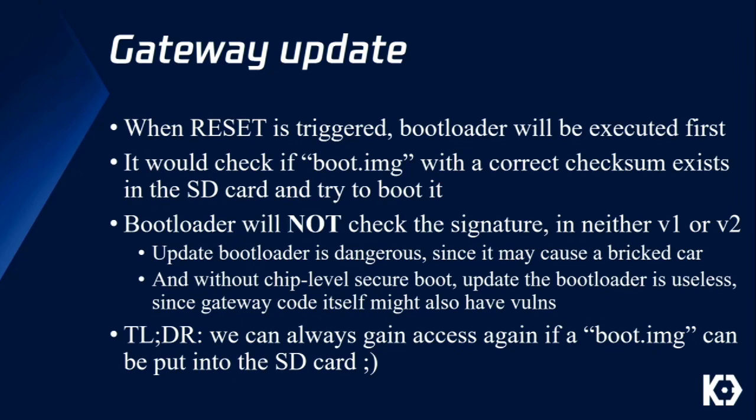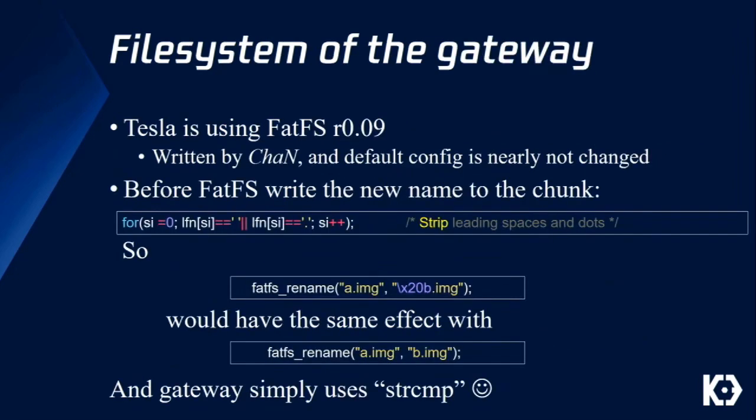And then we turned around to check the file system implementation of the gateway. After some Googling, GitHub, and searching everything we could find, we found that Tesla may be using FatFs revision 9, which is written by ChaN, and they basically didn't change much config.